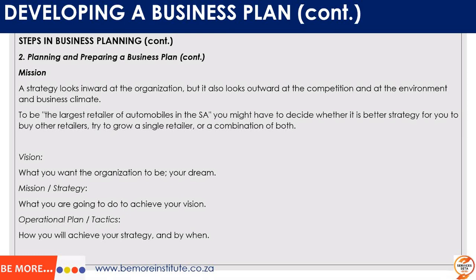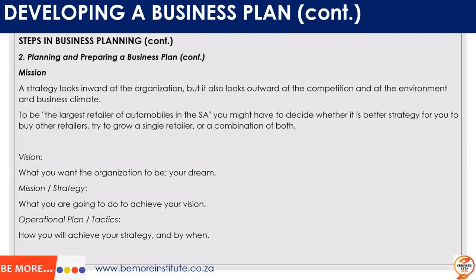So we've seen that some companies were built from taking over other businesses. Others were started from scratch. So there are different strategies out there in trying to achieve your vision. So as we say, vision is what your organization wants to achieve, which is the dream. A mission is what you are going to do to achieve your vision.